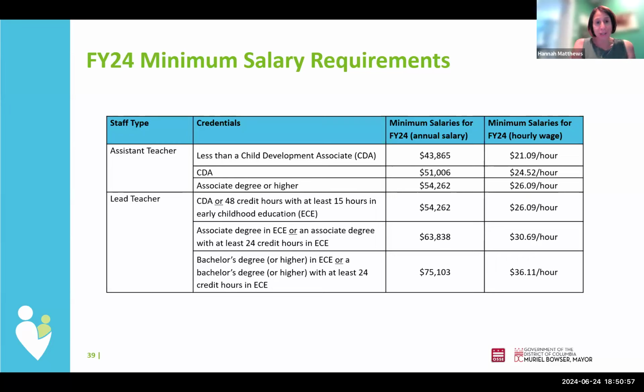Because we are in a process with the Pay Equity Task Force, looking at implementation of the program over fiscal year 25 and the following years, we can't speak to any specifics of the program right now, other than to say that it will continue and we will share information about the eligible educators and minimum salaries and all the information that you all need just as soon as we can. Thank you, Hannah. I'll give one last call for questions. Otherwise, we'll start closing out.